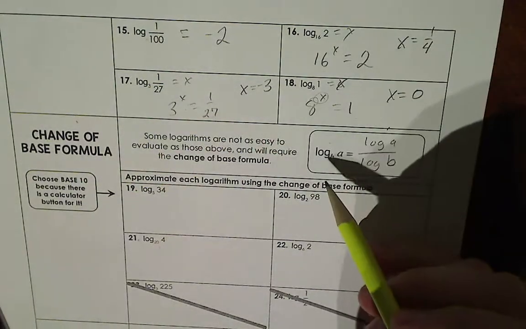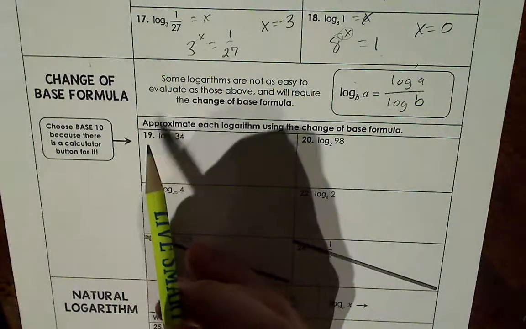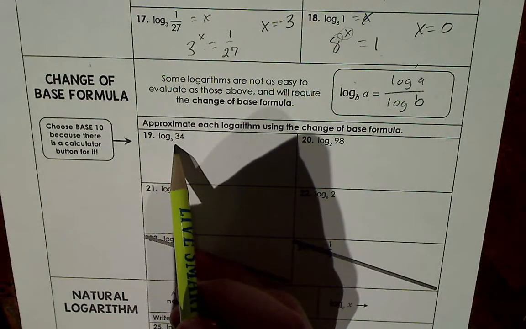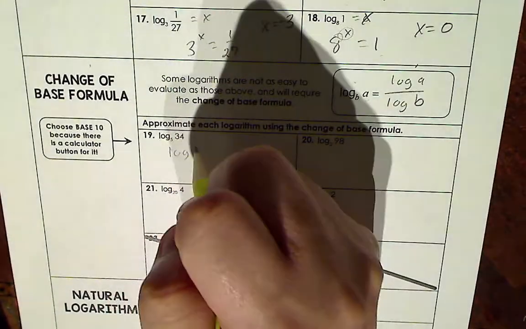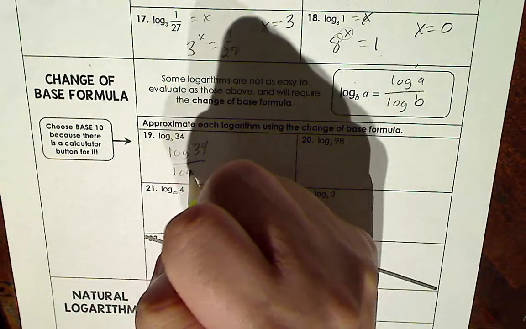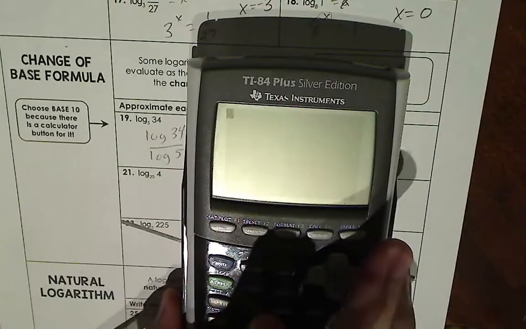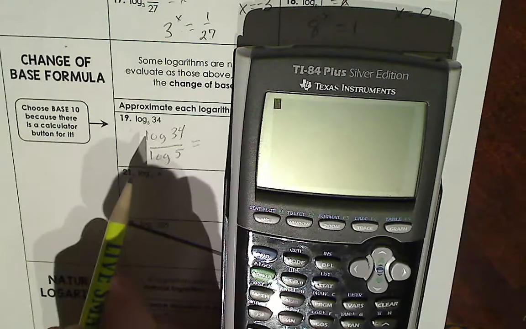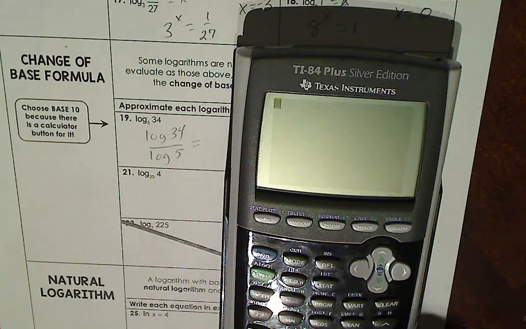If you have a base 5, unless you know how to use your calculator for base 5, we can rewrite this as log of 34 over log of 5. Change of base changes this to base 10, which is what your calculator actually works in.